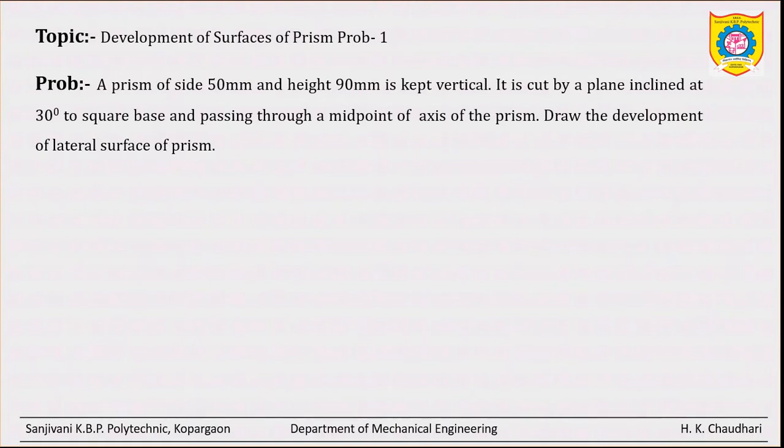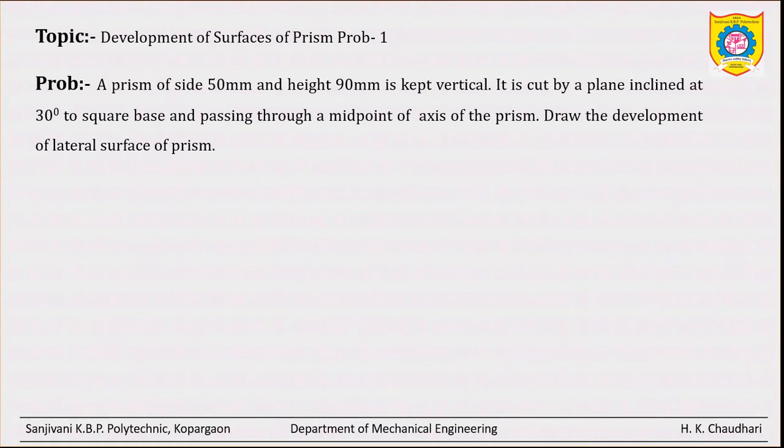Now prism means what? Its top and bottom surface, they are the square faces, and the remaining four faces, they are rectangular ones. The square face has the side of 50 mm, clear, and the rectangular faces whose length is equal to 50 mm and height equal to 90 mm.